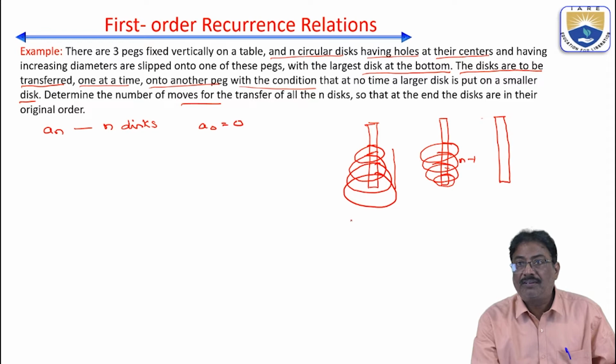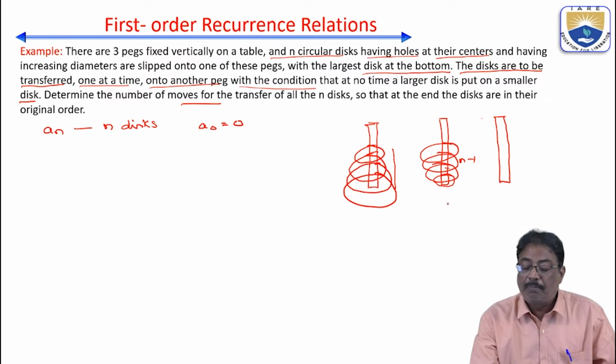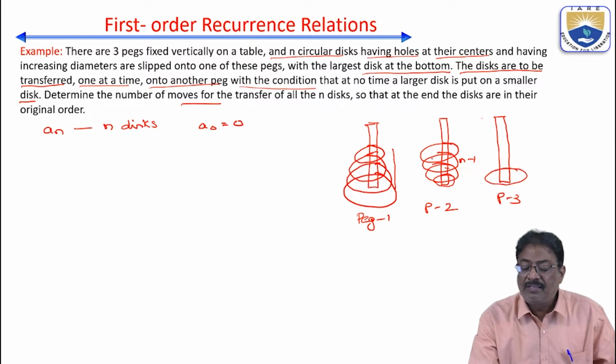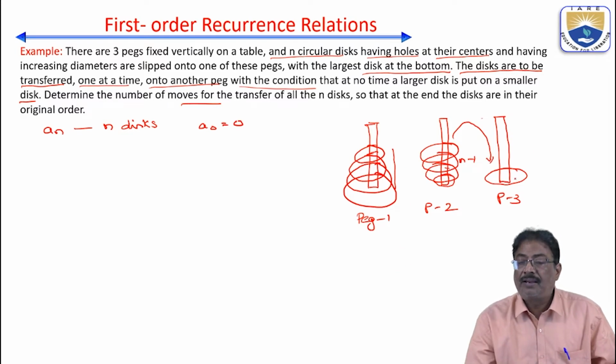Let us say this is peg 1, this is peg 2, and this is peg 3. Now I am going to transfer the larger circular disc here, and the remaining n minus 1 discs I am going to move to another peg, peg 3.